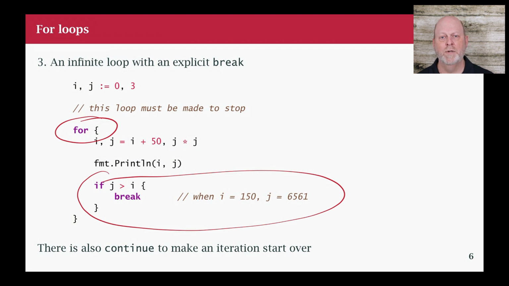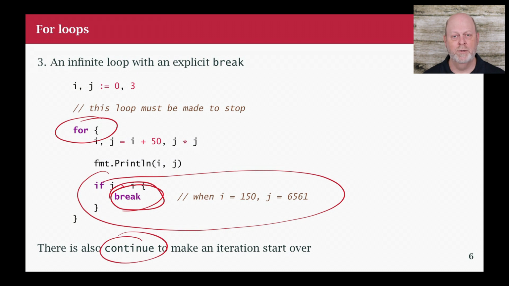I need to do the equivalent of a do-while loop, where I do the first iteration and then I check the condition and go back. Well, there's no do-while loop in Go, so it's a for loop with my own explicit check and a break statement, where the function of the break statement is to stop the loop. There are 2 of these. There's a break statement, which I've shown, and then there's another statement called continue, and the function of continue is to make the next iteration start early.